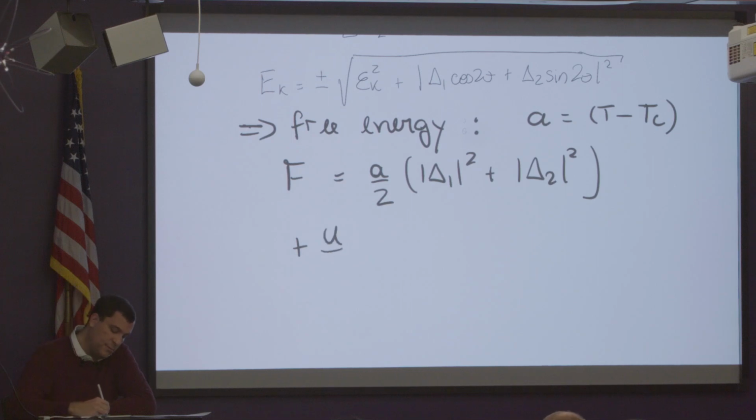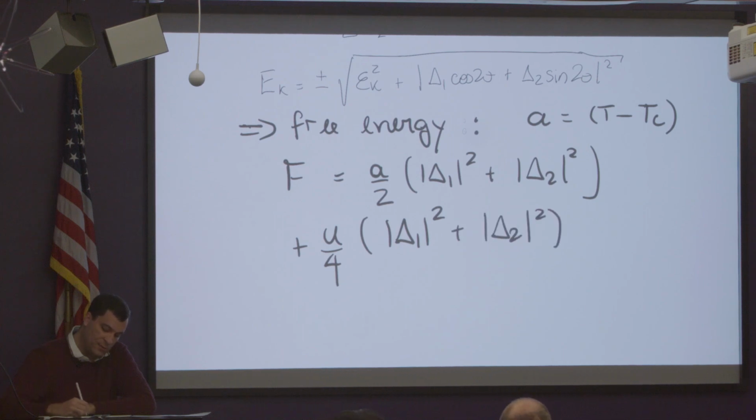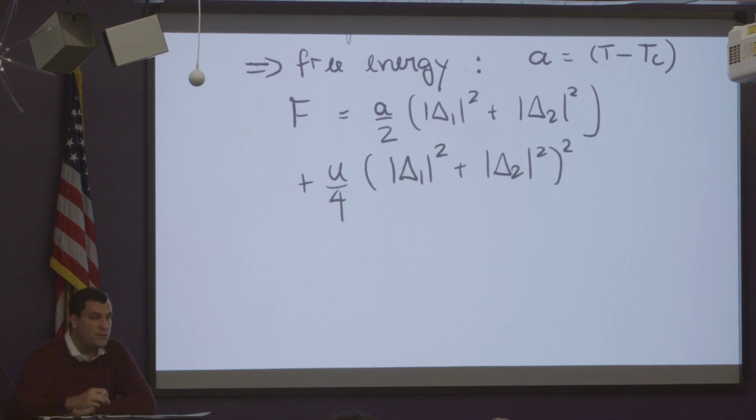There's one very easy quadratic term that has to be there, which is just the same term but squared, okay? And you see that if I write the free energy like this, it looks like I have an additional symmetry that is not present in the model, right? It means that I can do any rotation within this 4-dimensional space, right? But that's not true.